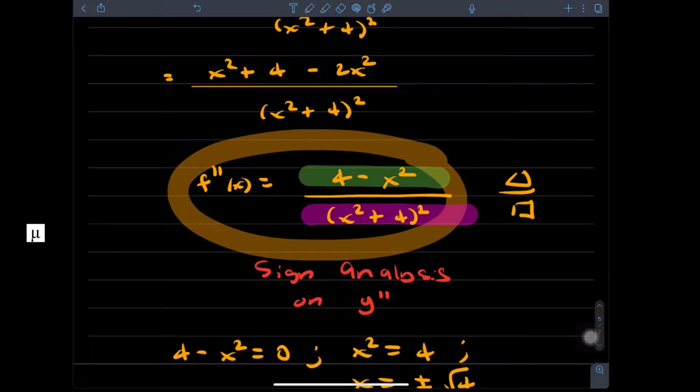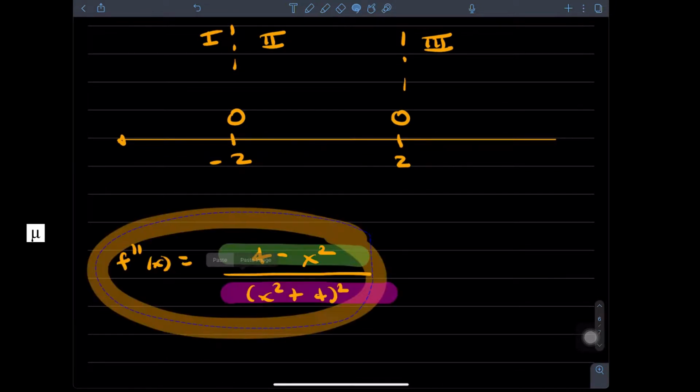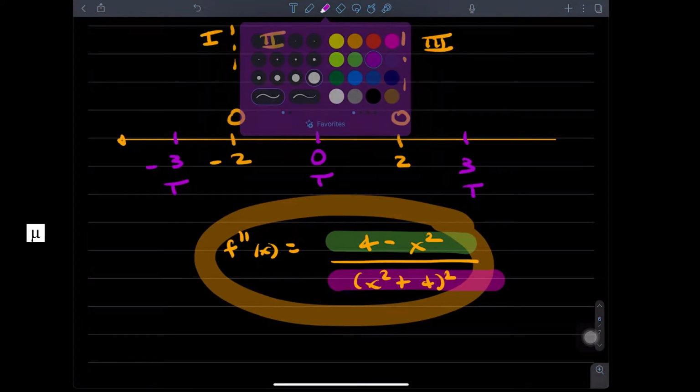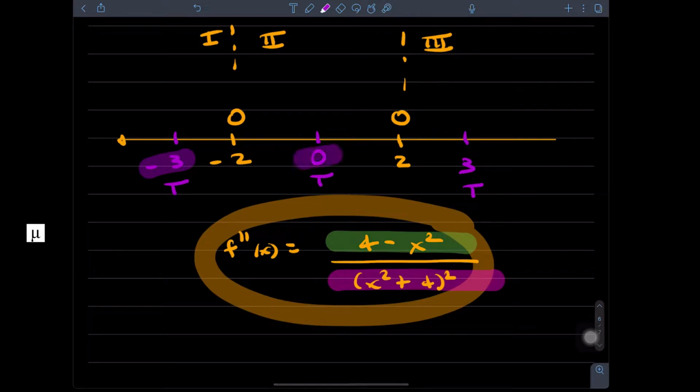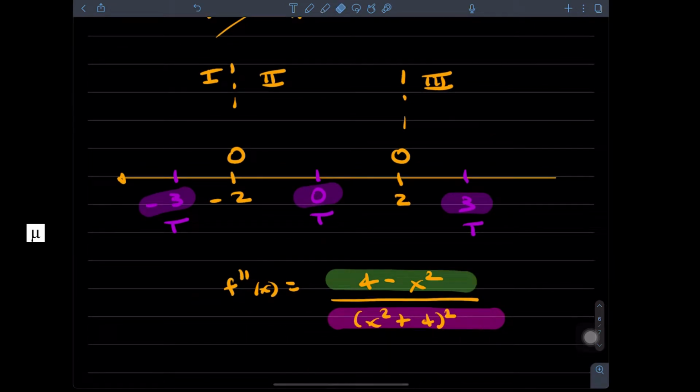It's right here. Okay, what are your test points? What do you guys think? What do you use as test points? Maybe negative 3. What else? 0. Positive 3. These are all test points. We're going to test each region. How do you test a region? Just plug in the test points.